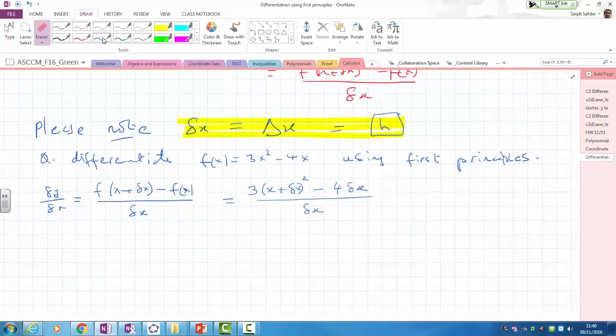Yeah, so that, and then take away, so if I just color code this, so take away my f of x, so this part here would be minus f of x, so I've got 3x squared take away 4x, divided by delta x. So all I've done is substituted in this, instead of writing x, I've written x plus delta x. Sorry, this is x plus delta x.